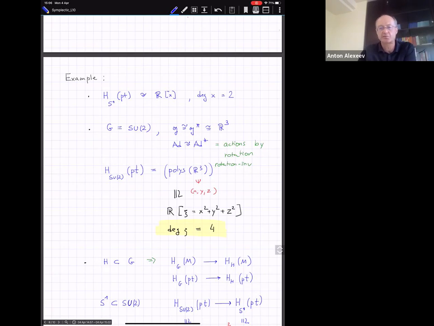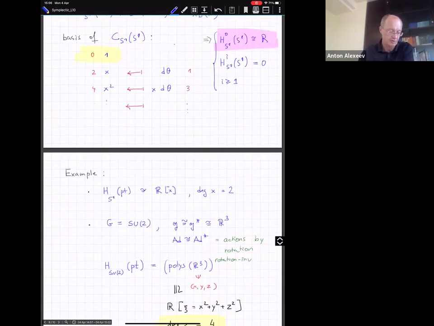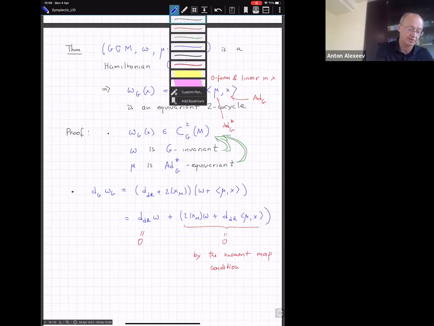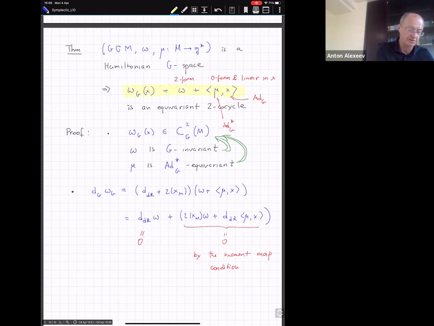Perhaps we'll even prove it in several ways, because that's one of the important results of the course. Then, depending on how much time we have left, we may start talking about applications to Hamiltonian geometry, using this observation that once we have a Hamiltonian structure, we necessarily have a distinguished cocycle, sometimes called the equivariant symplectic form.